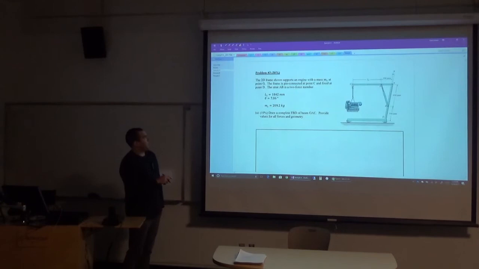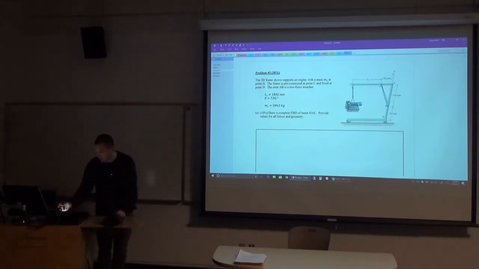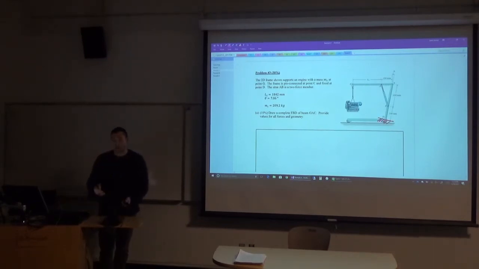It says it's a 2D frame supporting an engine with some mass M1, and that's supported at point G. The frame is pin connected at C, which is kind of this upper right-hand corner, and it's fixed at point D. So even though there's rollers and everything else here, we don't have any information about the distance or anything else. So it's just telling us to assume that right here it's fixed.